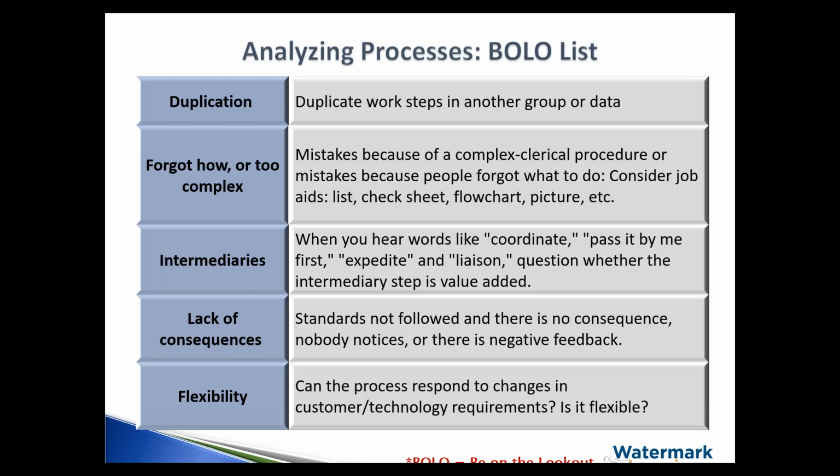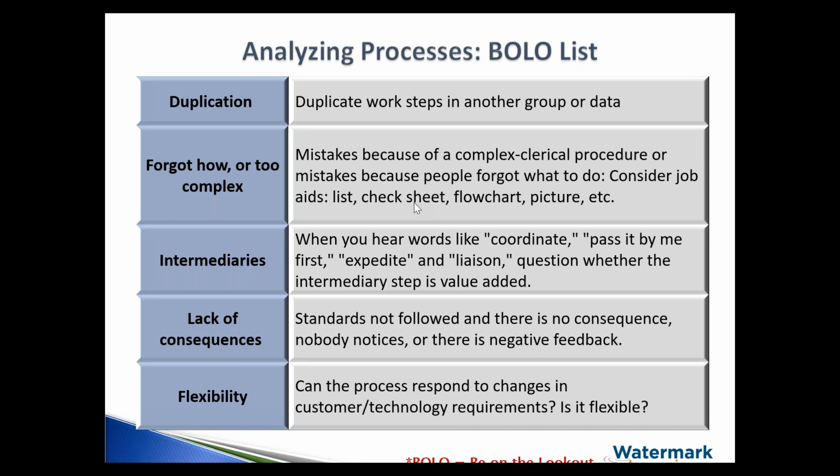Another way that you can analyze processes called the bolo list, which is be on the lookout for anything that's a duplication. Okay, we're doing it here and we're doing it here. It's duplication. One department's doing it, another department's doing it. Or that is really too complex.